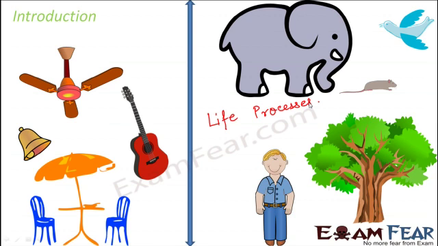What kind of food does the plant need? Plants need water, plants need sunlight, plants also need various gases like carbon dioxide, oxygen. All these things play a very important role in the various life processes that take place inside the body of plants. So what are these different life processes?